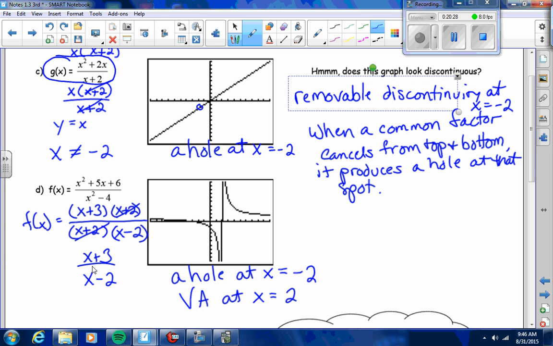So any factor that's still in the denominator is going to give us a vertical asymptote. The factor that cancels between top and bottom gives us a hole. The hole, what kind of discontinuity is that? Removable. And the vertical asymptote at x equals 2, what kind of discontinuity is that? That one's non-removable.